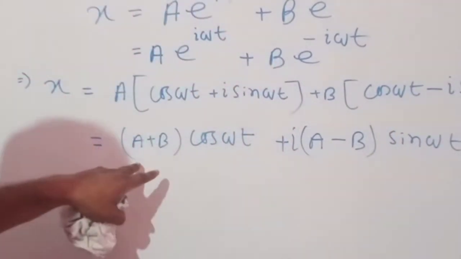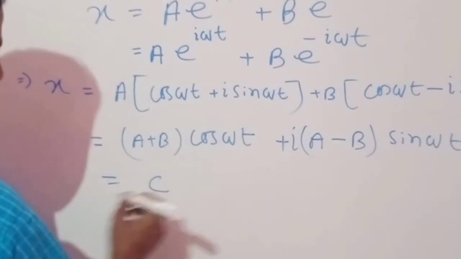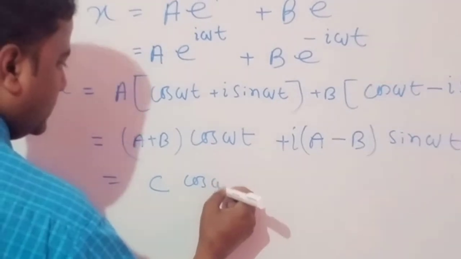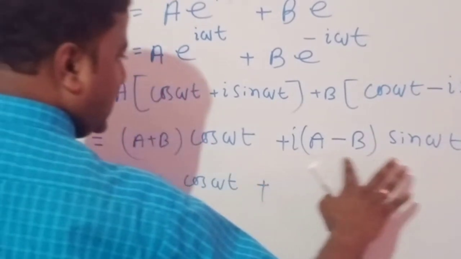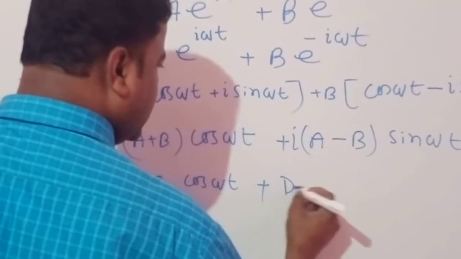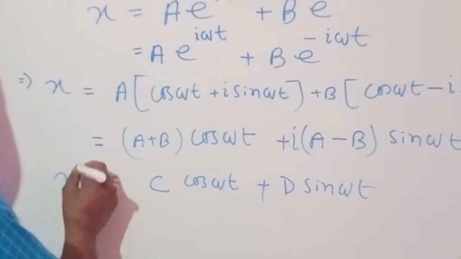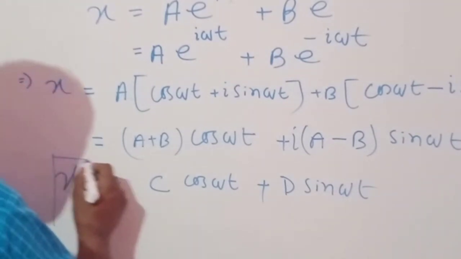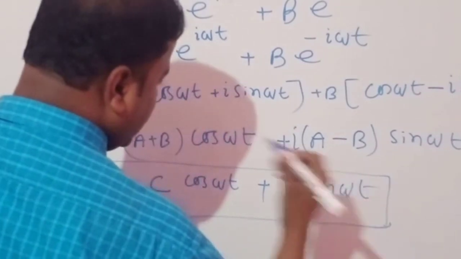We take a plus b, another constant, say c cos omega t, plus this is another constant d sin omega t. Then x equal to c cos omega t plus d sin omega t.